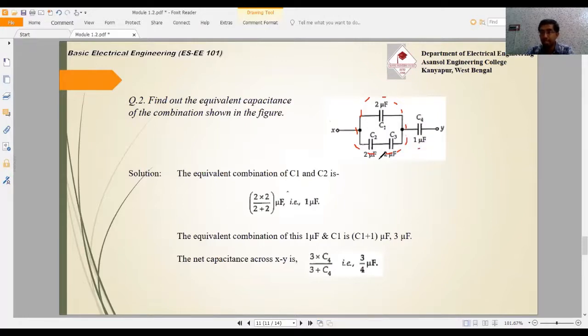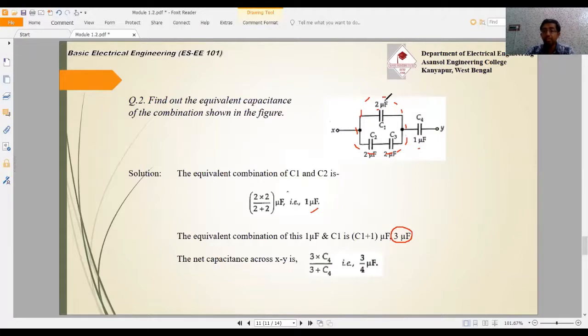So for capacitors, the formation is a little bit different. C2 and C3 are in series, so calculation will be like parallel. So like this, 1 microfarad. Again this 1 microfarad is in parallel with 2, so it will be calculated like series connection. So total will be 2 plus 1, 3 microfarad.